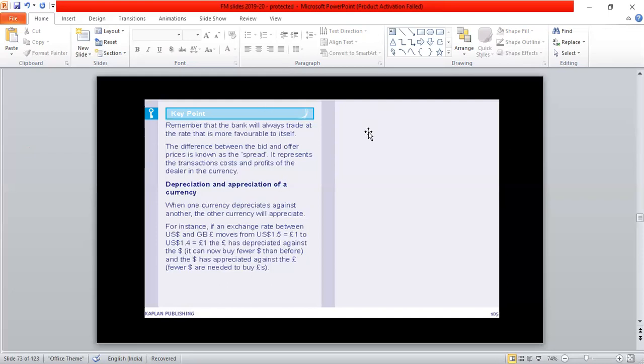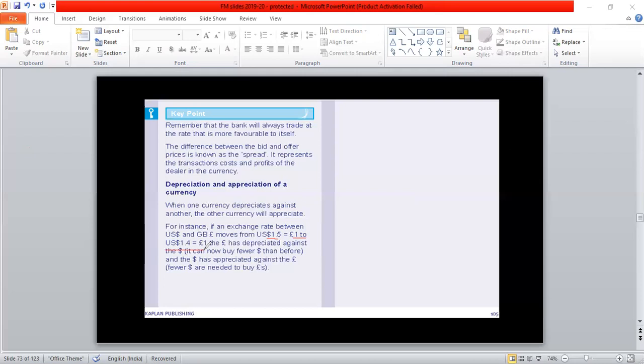For instance, if the exchange rate between the US dollar and the Great Britain pound moves from US dollar 1.5 to 1 pound, to US dollar 1.4 to 1 pound, the pound has depreciated against the dollar.